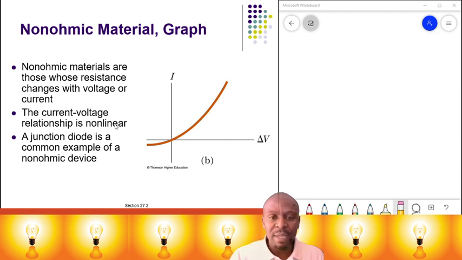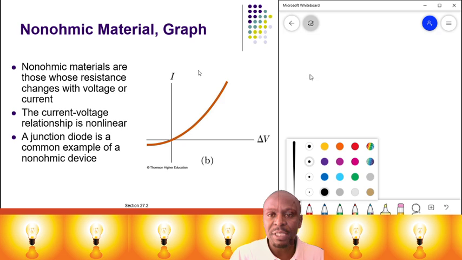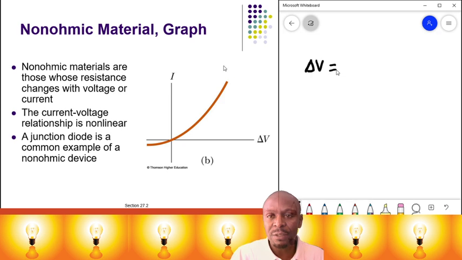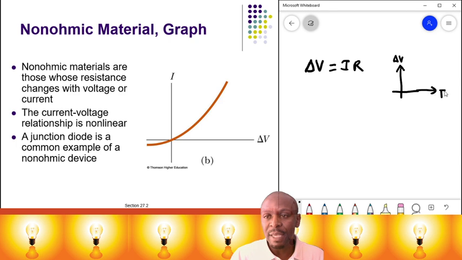Right. Now, maybe I must also say something about this equation here. The change in V is equal to I times R. Now, suppose I am plotting the change in V on the y-axis, and the current on the x-axis.